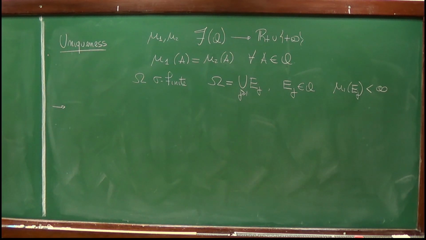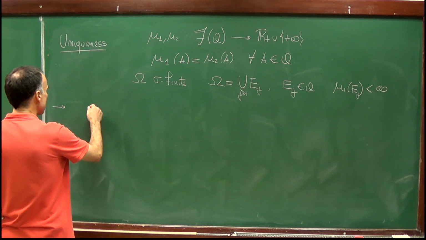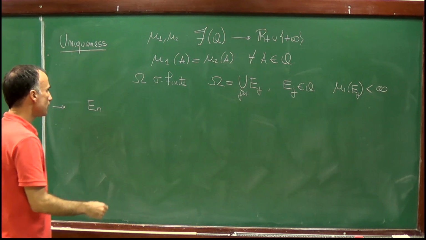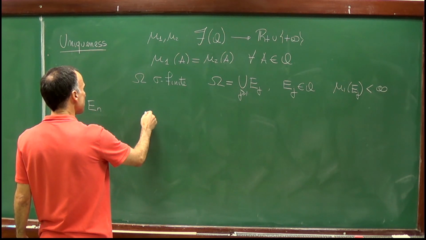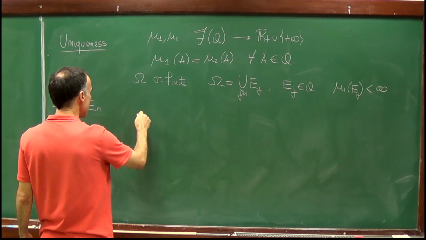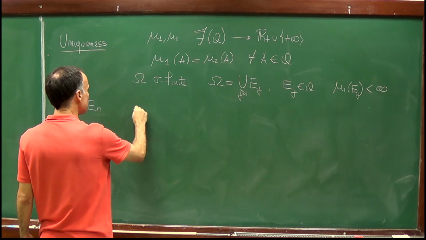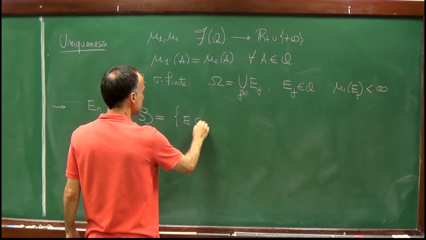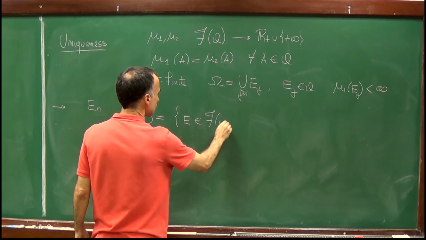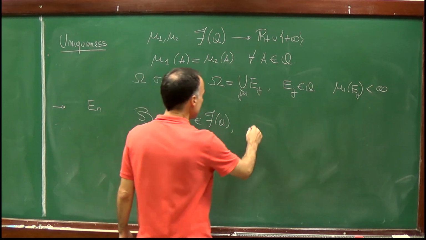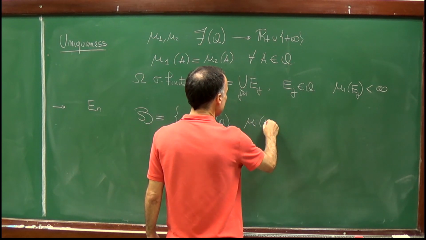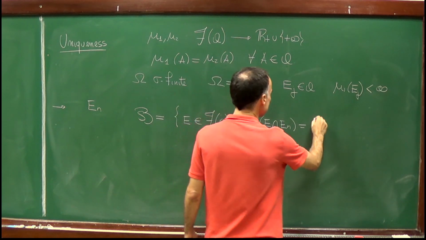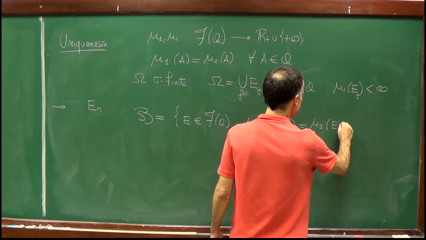So let's go to the proof. Well, let's fix n, and let's represent by B the elements of the sigma algebra such that mu1 of E intersection En is equal to mu2 of E intersection En.